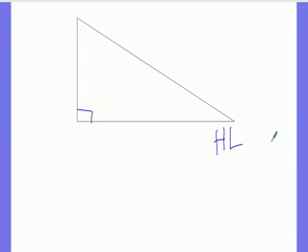Okay? So HL stands for what? Hypotenuse leg. Okay. Another one is LL. What do you think LL stands for? Leg, leg. You know, just leg, leg. Yeah, that's right. Okay.